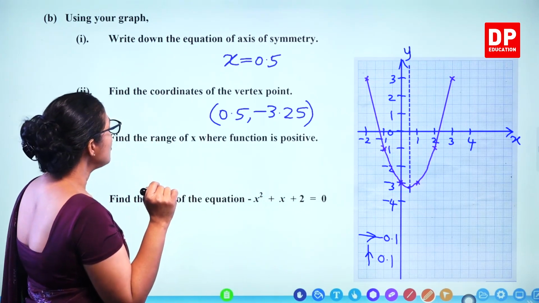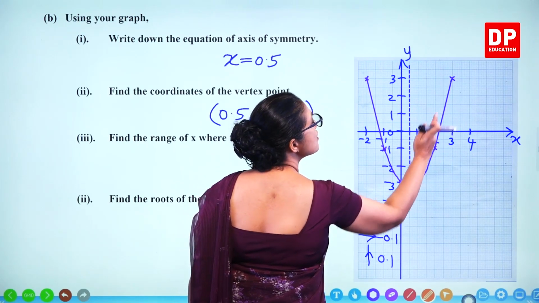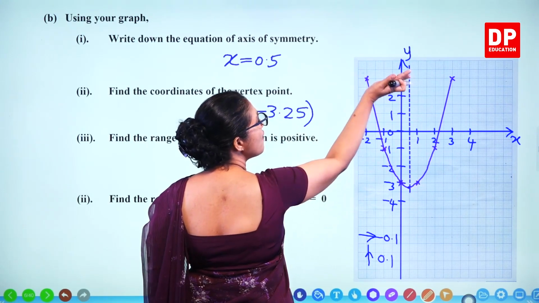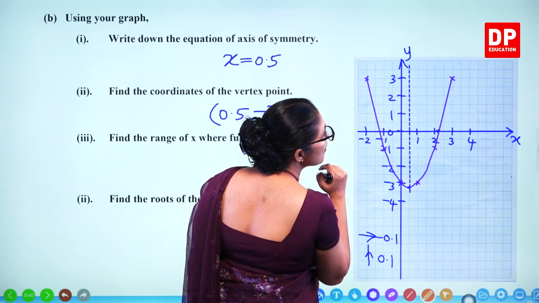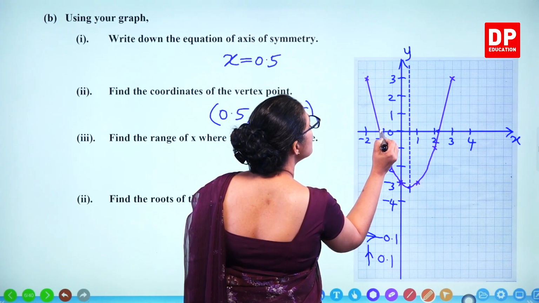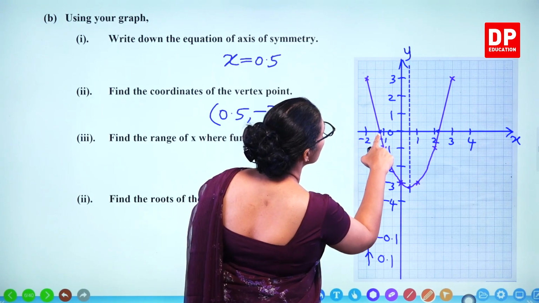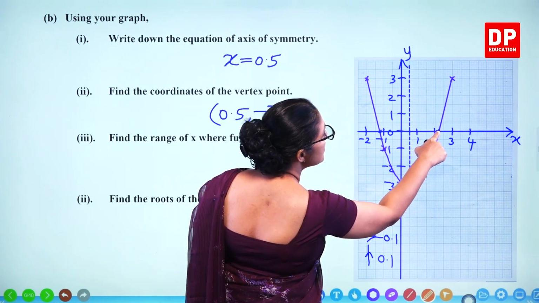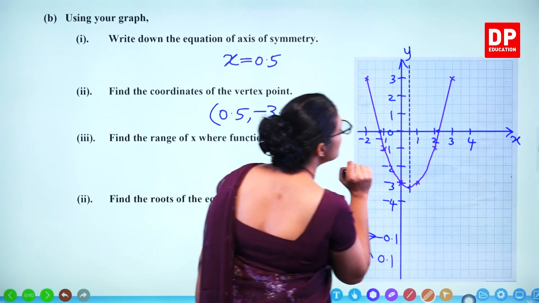And find the range of x where the function is positive. So the function is positive this way and this way, above the x-axis. So what is this point? 2.2. And this one is -1.2, -1.3, also we can take 3 squares, and here like 2 squares.